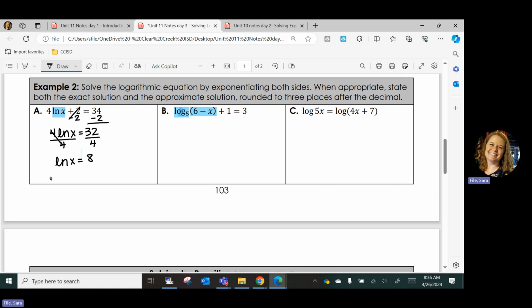So we are going to write e to the power of the natural log of x equals, and what you do to one side, you have to do to the other. So we have to put base e and make 8 the power. We talked about how if you have matching bases, what's in the exponent must be equal, right?